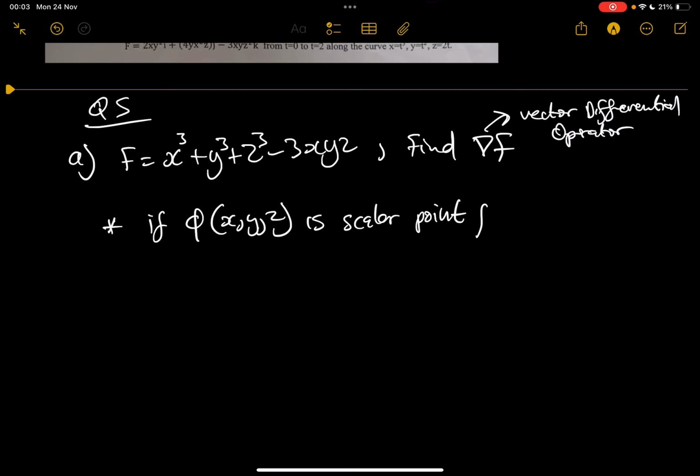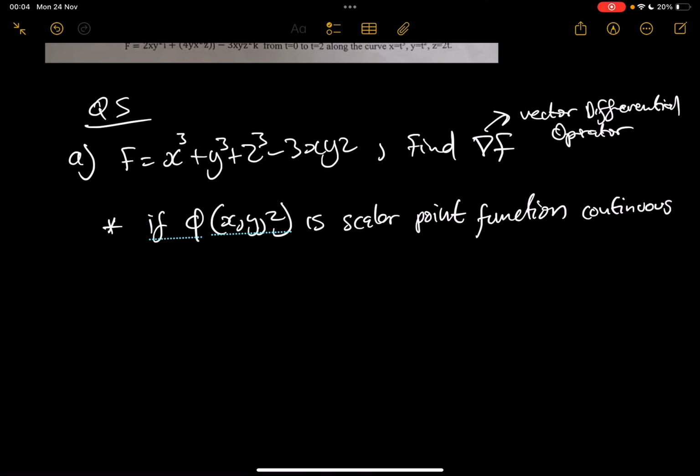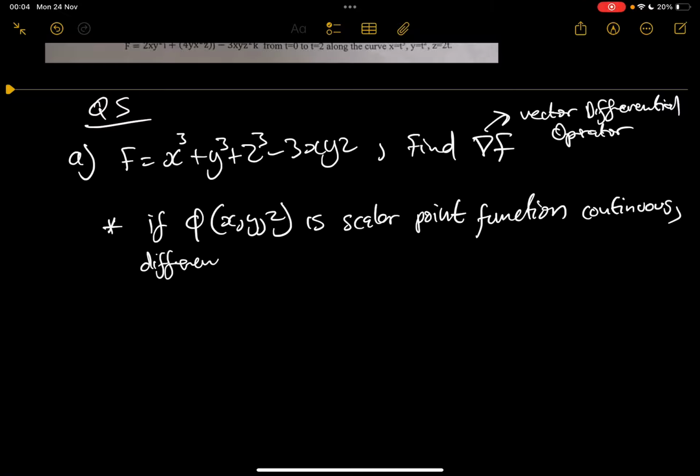So this is a scalar point function that is continuous. This is very important. It's continuous and differentiable in a region of space.